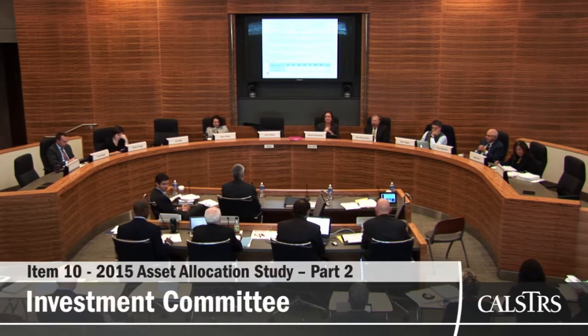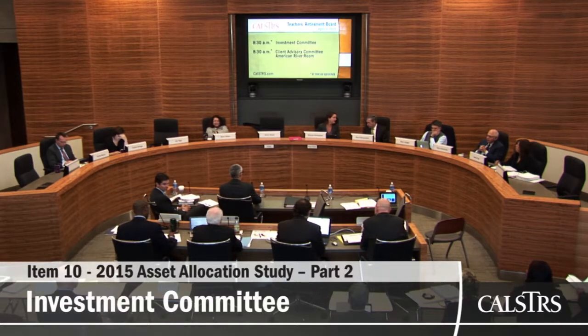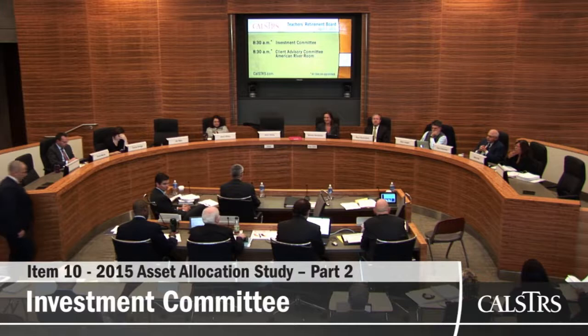So item 10? Yep. Let me introduce Stephen, and Josh is getting his slides up real quick. Good news. Last month in February, we told you you're going to have to pick between the consultants. We realized that's not going to work because staff couldn't pick between them. So we're going to run with the two of them in parallel.